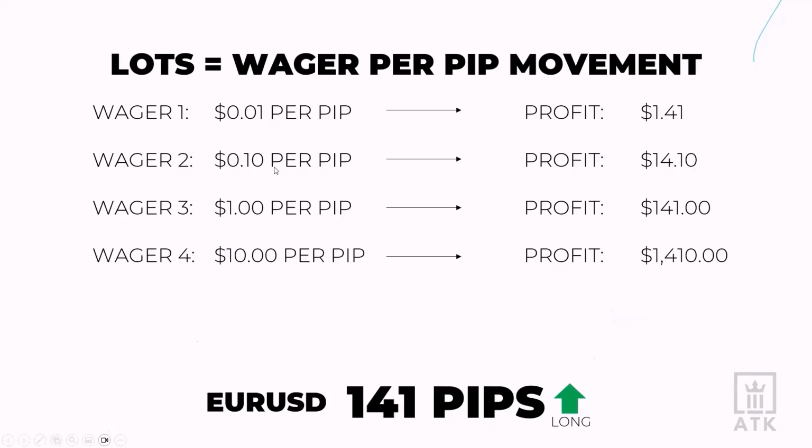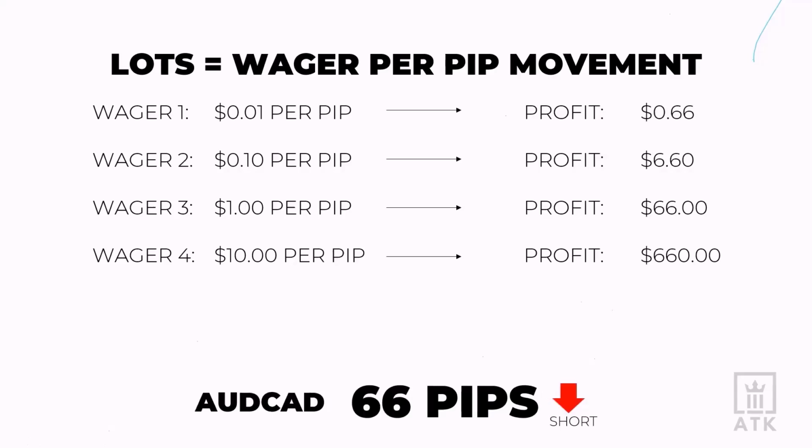Person two that had 10 cents per pip would have made $14.10. The one that risked $1 per pip would have had $141. The person that risked $10 per pip would have had $1,410. All right, so that's an easy concept to understand.